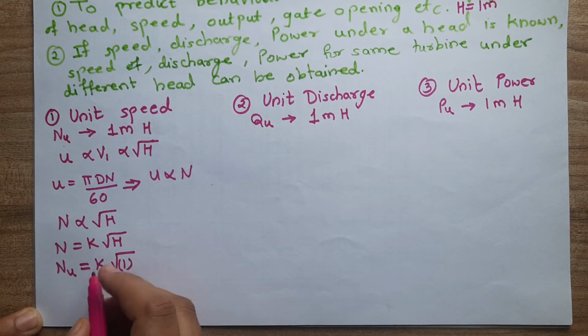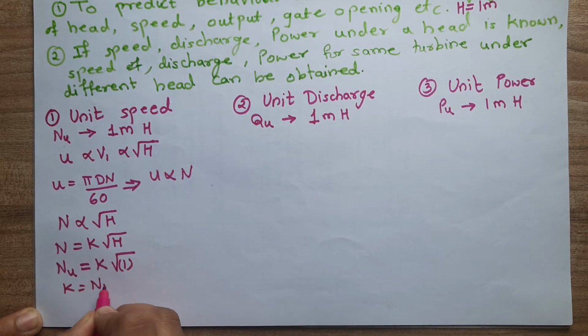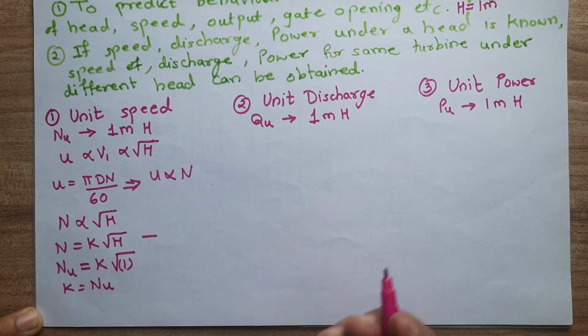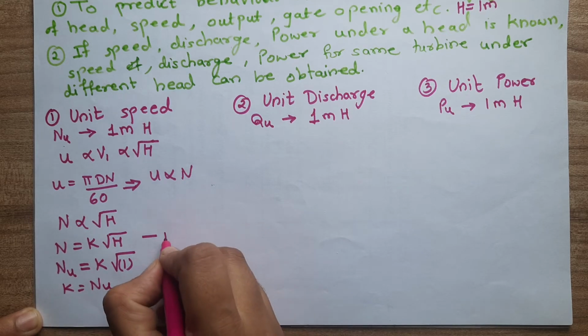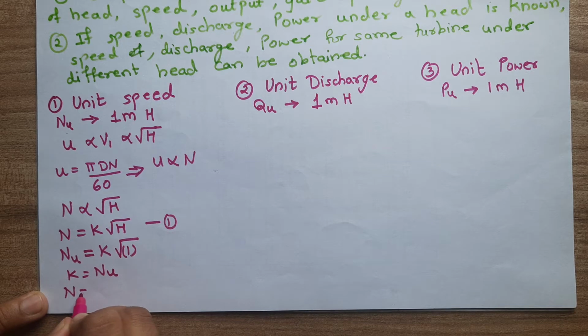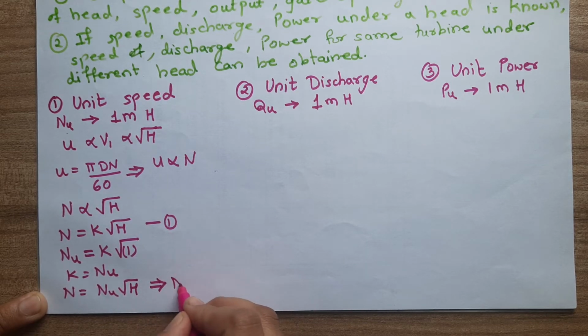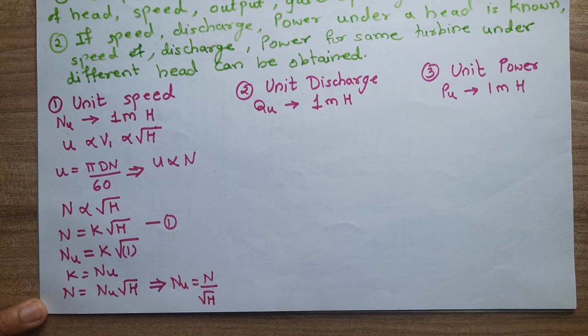So from here we will get that k is equal to NU, and we can put this value in equation number 1 and we will get n is equal to NU under root of H, which we can again write as NU is equal to n upon under root of H. So this will be the value for the unit speed.